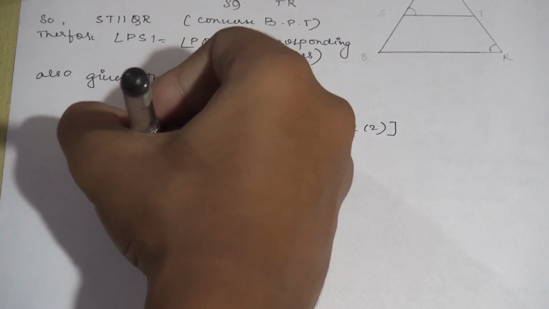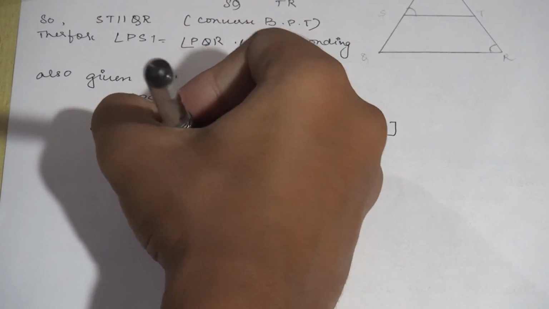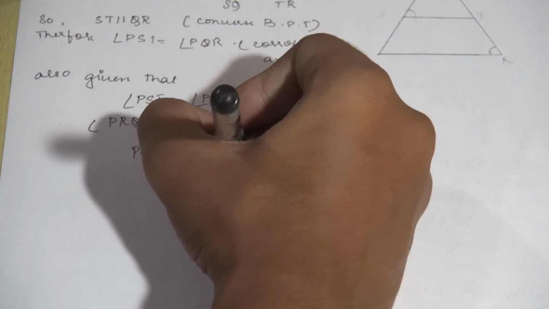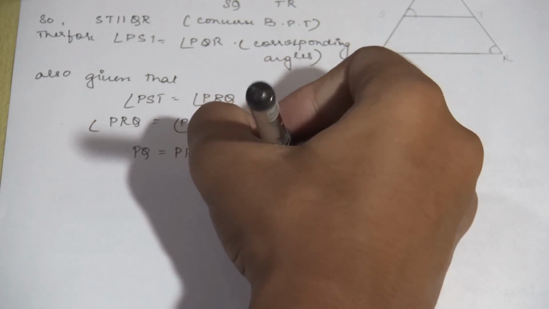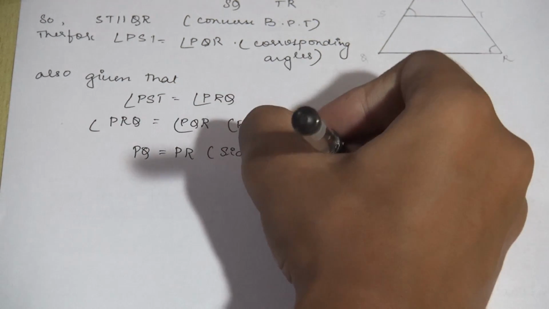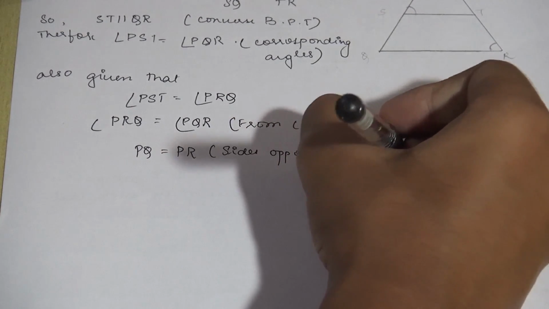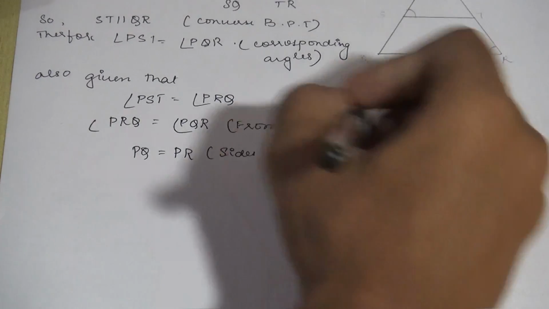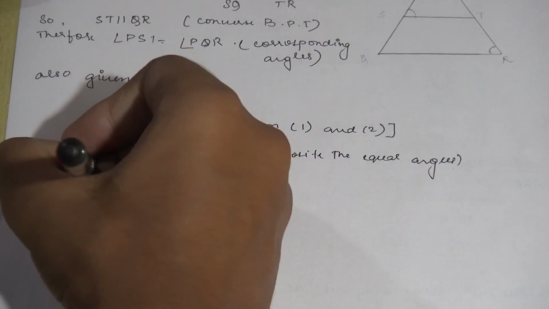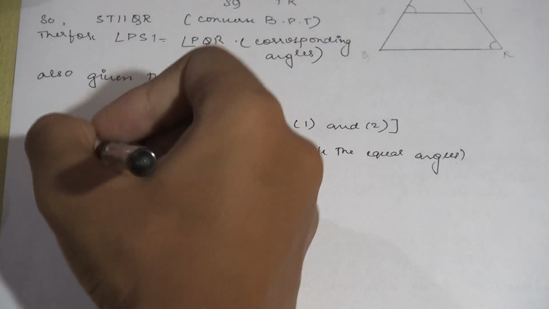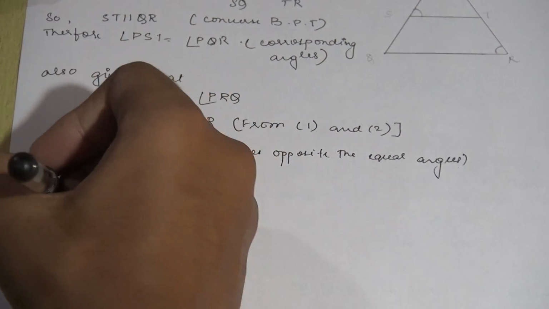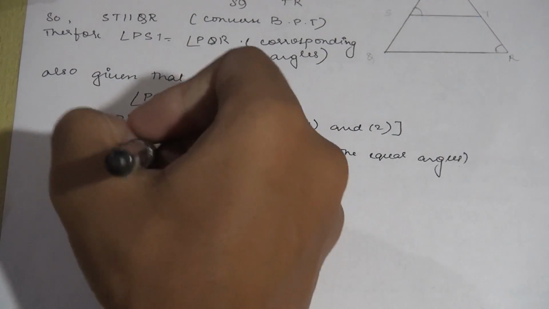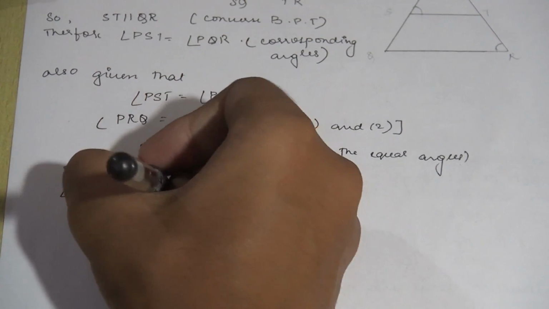So PQ is equal to PR, sides opposite the equal angles. So therefore we prove that triangle PQR is isosceles.